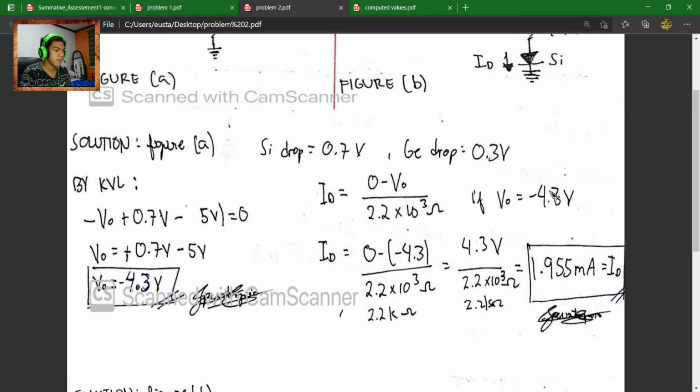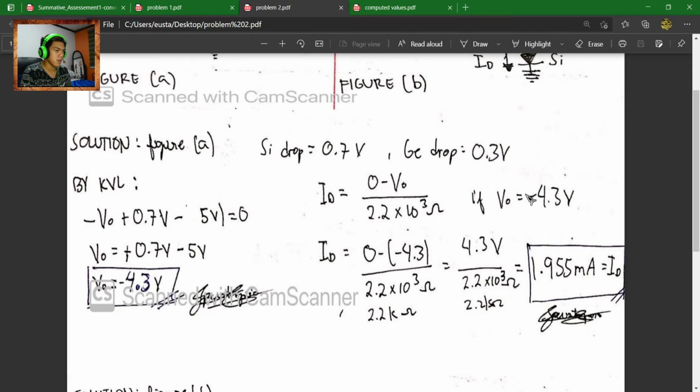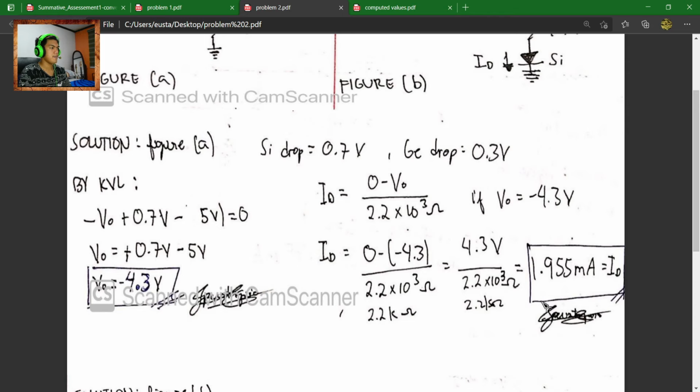So if VO is equals to negative 4.3 volts, 0 minus negative 4.3 divided by 2.2K ohms is going to be equal to 1.955 milliamperes for the current of the diode in figure A.